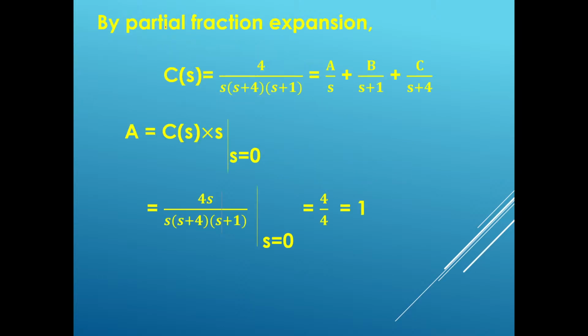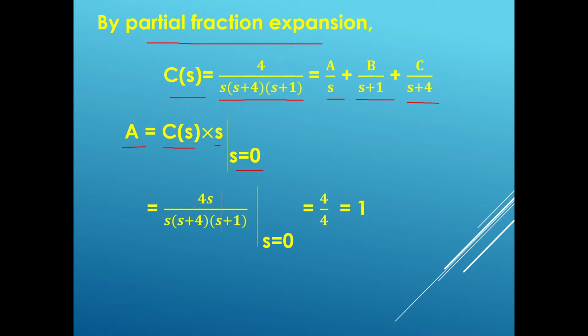So by partial fraction expansion, C of s is 4 divided by s into s plus 4 into s plus 1, equals a by s plus b by s plus 1 plus c by s plus 4. So a is equal to what? Output into s at s equal to 0.